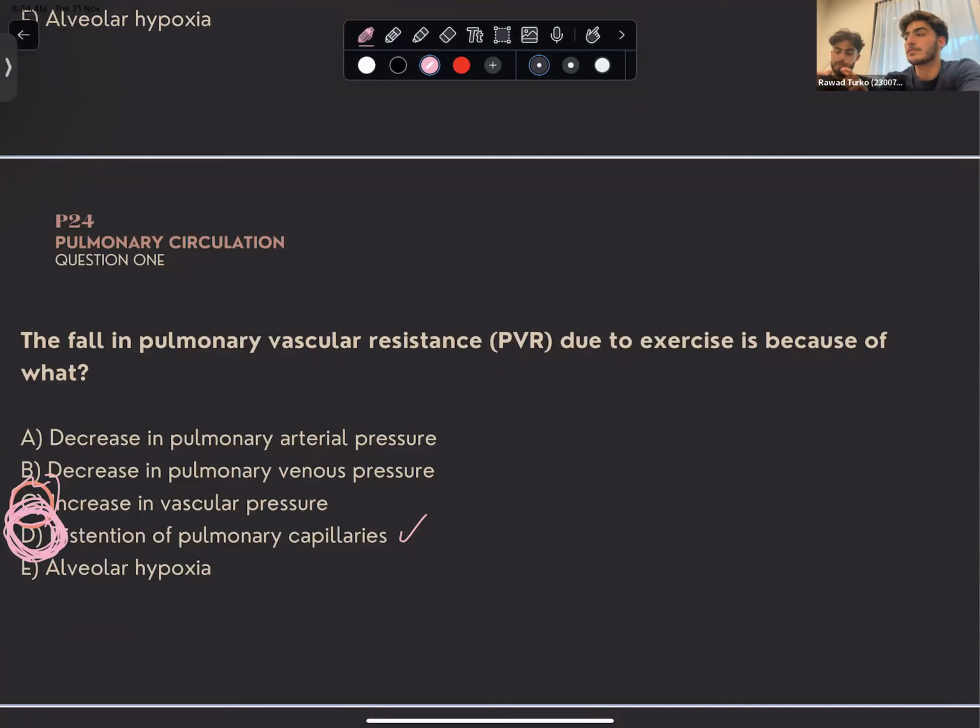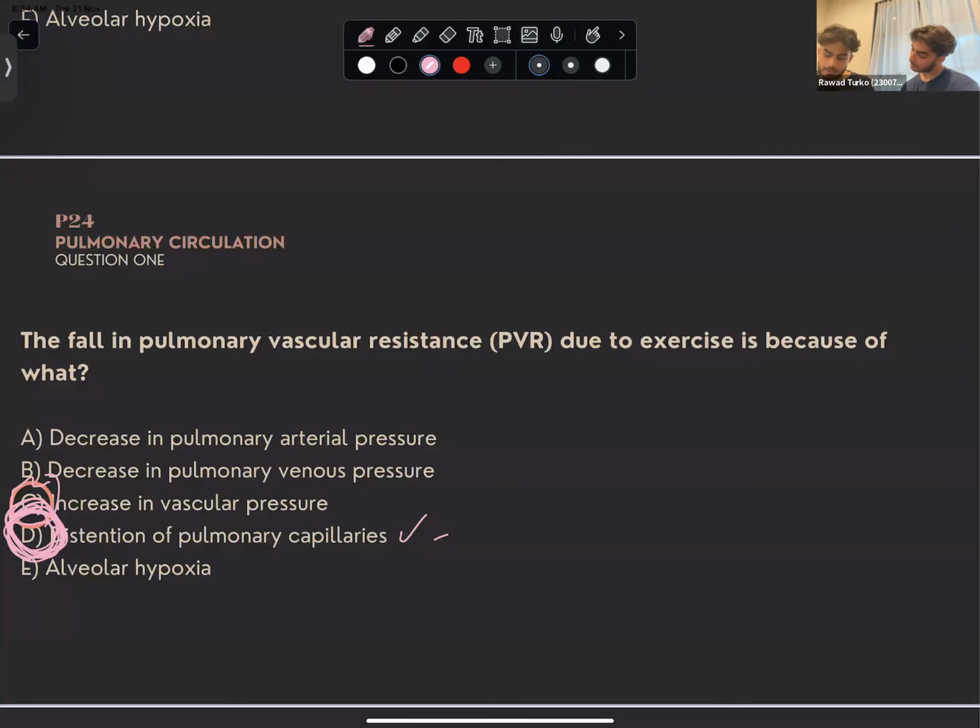What's happening to the capillary? The capillary is right here. When we talk about distension, what's happening? Yeah, increasing diameter, so it's getting bigger. When something's getting bigger, that means the resistance in there is decreasing. So this is a pretty straightforward answer as to why.